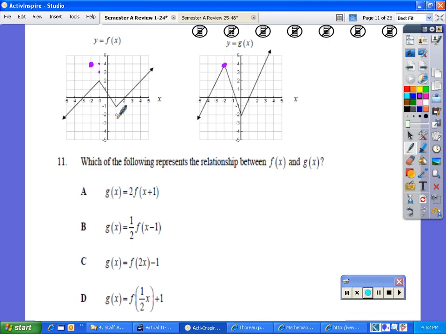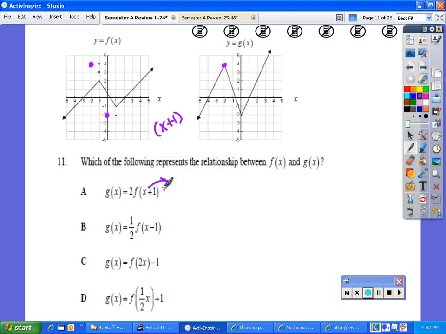Whatever happened, it still went left 1. So going left 1 means that it would be x plus 1 inside the parentheses. So it's that one. None of the rest have x plus 1, but that's okay. We can just look to see what else this graph is doing.